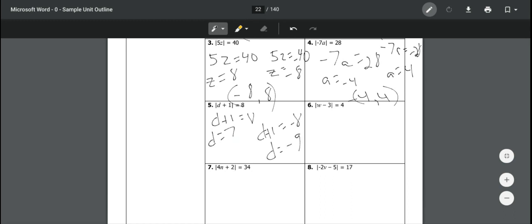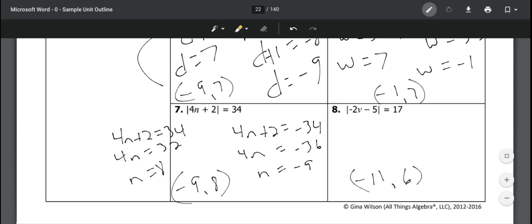So there's a great example where they're not always going to be the same number. Now, they won't always be opposites. If you test it out, if you put 7 back in here, the absolute value of 7 plus 1 is 8. Put negative 9 in there. Negative 9 plus 1 is negative 8, and the absolute value is 8. So those work. You go ahead and pause it and do the next 3 on this page.